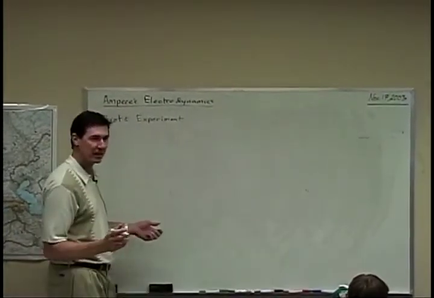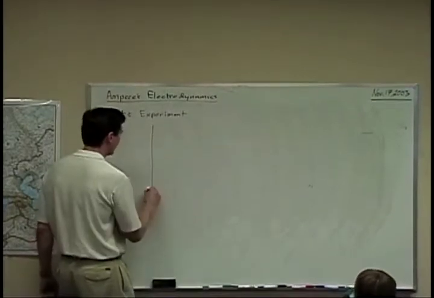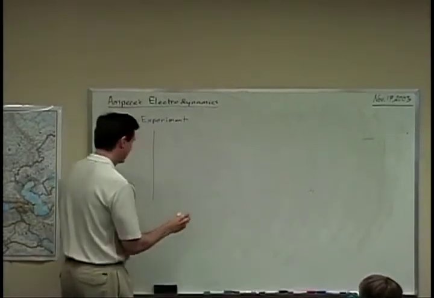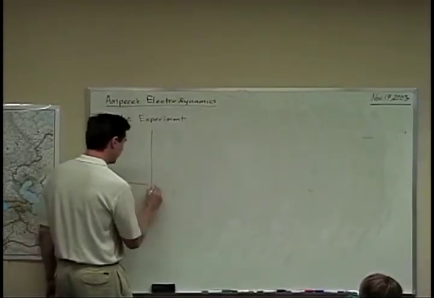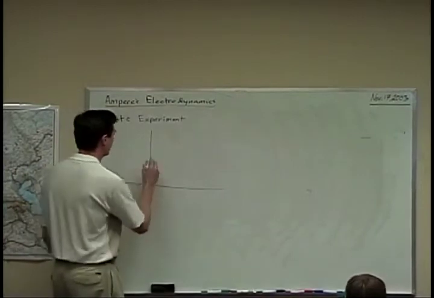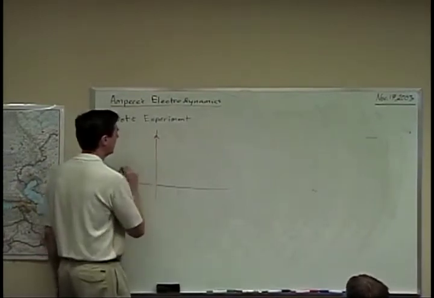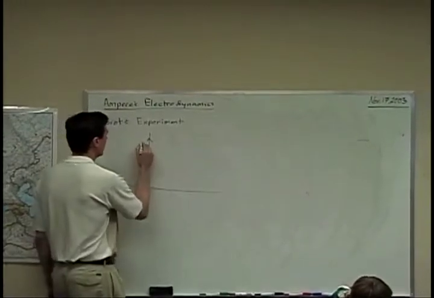And the setup is really simple. All he needs is, say, a vertical wire, and let's say he's got a little hole in his desk through which the wire goes, and we'll imagine that the current is going up here.